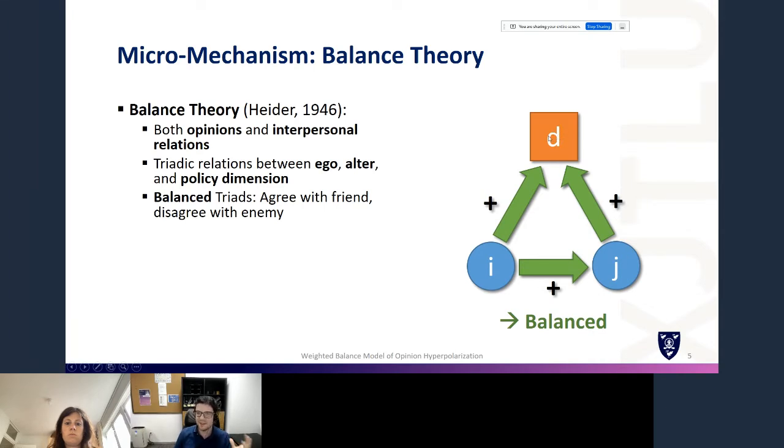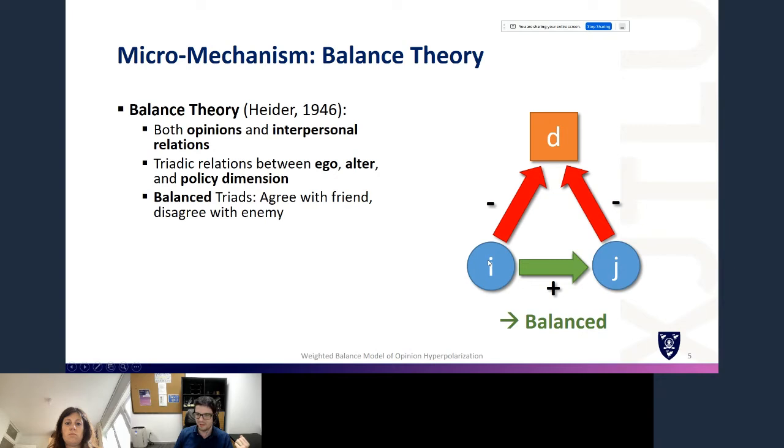According to Heider, sometimes these triadic relationships can be balanced. For example, in this case, both I and J are in favor of issue D. Let's say they are both in favor of cannabis legalization, and they also like each other. So we have two friends who agree with each other, and according to Heider this is a balanced, very stable triad.